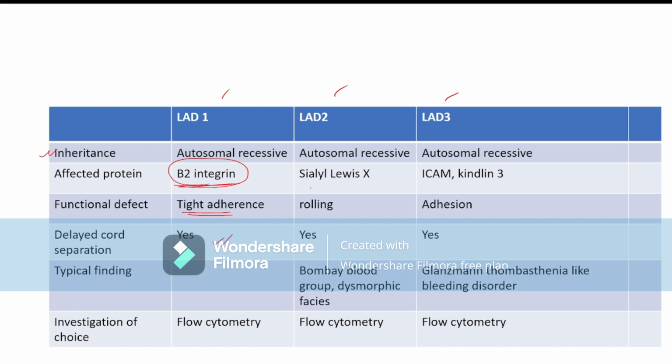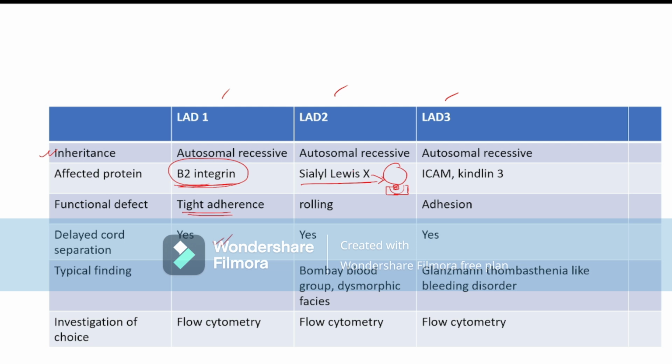In LAD2, there is a problem in the Sialyl Lewis X protein. This is mainly present on the surface of the neutrophil. That means the neutrophil surface has the Sialyl Lewis X receptor, which gets attached with the cell selectin.